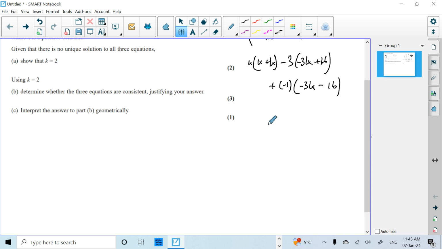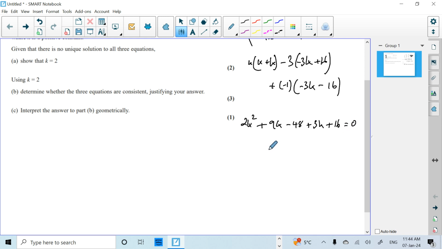So that gives us 2k squared plus 9k, minus 48, plus 3k plus 16, and we've got to put that equal to 0, because our determinant must be 0.